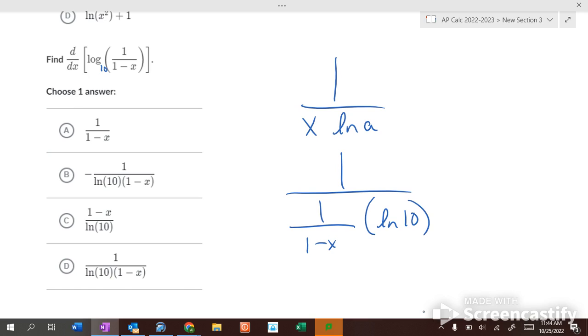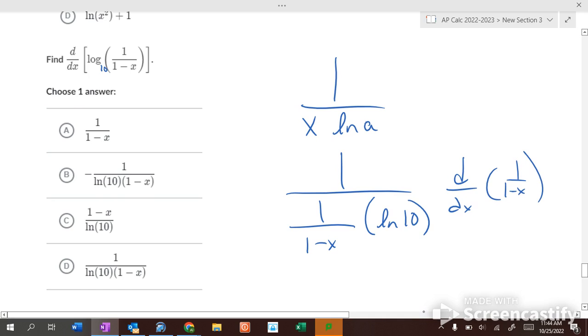So the first derivative finds the first derivative of 1 over 1 minus x. Yeah. Okay. So 1 over that is really 1 minus x over the natural log of 10. So that's what this becomes. This, got to take the first derivative of that.